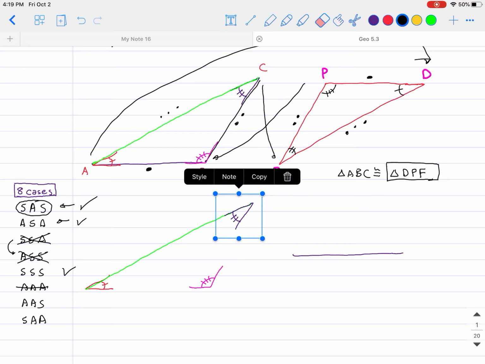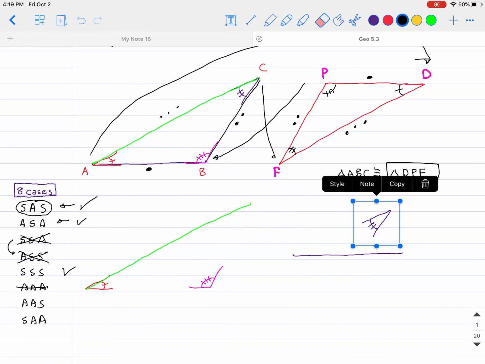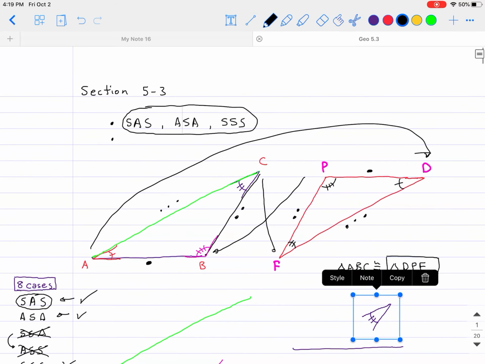So I can actually have this angle over here, and that now becomes an ASA situation, which basically means that we have congruency in triangles. But unfortunately, we do not have that sum of the interior angles equal to 180 yet. So we're going to put this one on hold for the time being. They do technically show congruency in triangles, but we're just going to put it on hold because we don't have that theorem just for the time being.